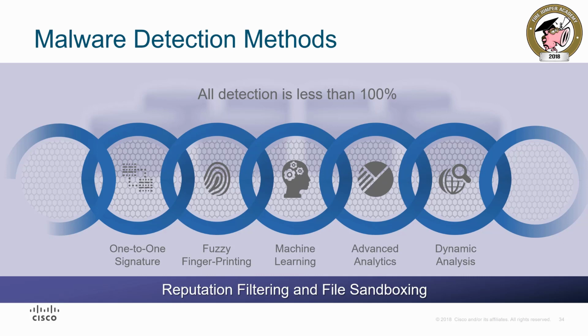So the one-to-one signature engine detects malicious software by signature-based approaches, and the fuzzy fingerprinting can capture polymorphic variants of that threat with large-scale data mining techniques that no one else offers. The machine learning engine goes beyond signature-based detection to identify previously unknown malware through large-scale analysis and automated models.